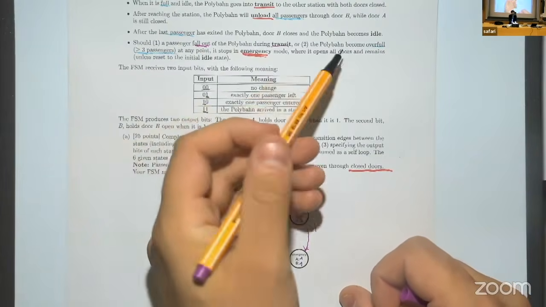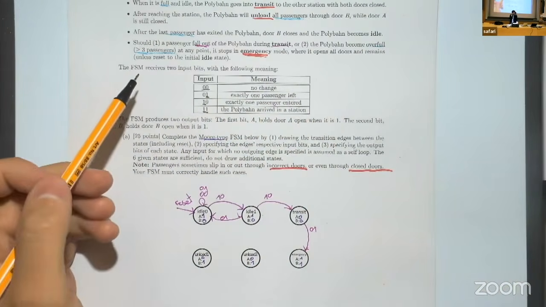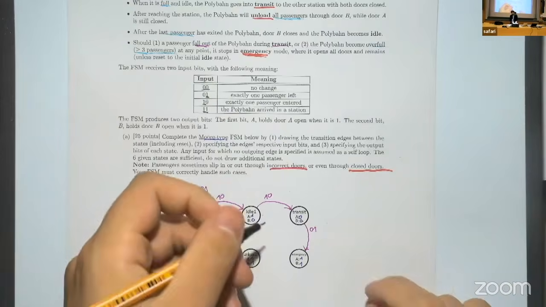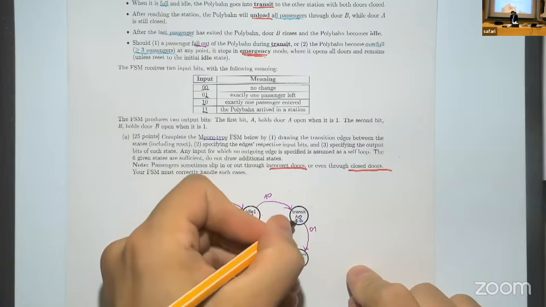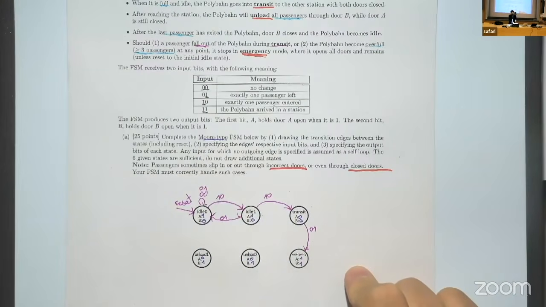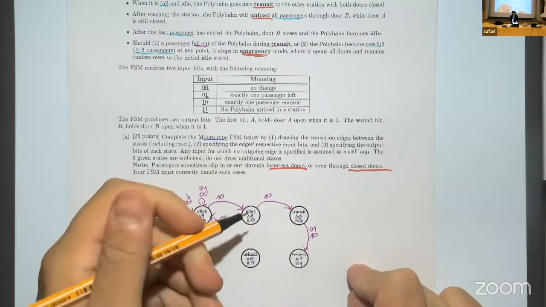And we also have the option if the polygon becomes overfull at any point, so at least 3 passengers, then it should also go into emergency mode. The only 2 times we really have at least 2 passengers is in transit and in unloading. So if during transit a passenger hops on unexpectedly and the polygon is too heavy, it's overfull, then we should also go to emergency as specified here.